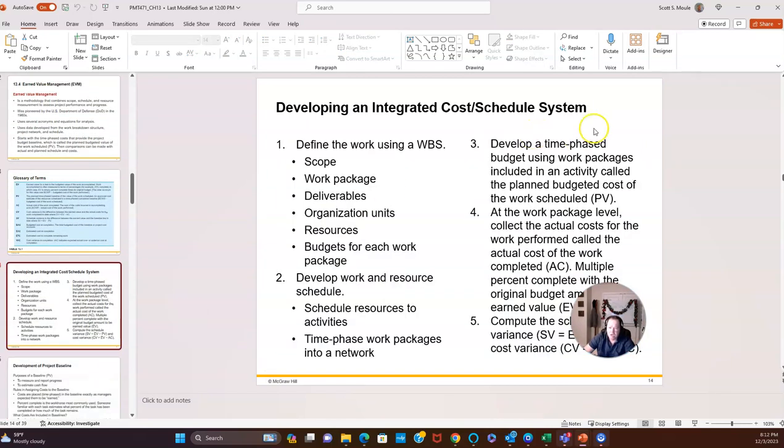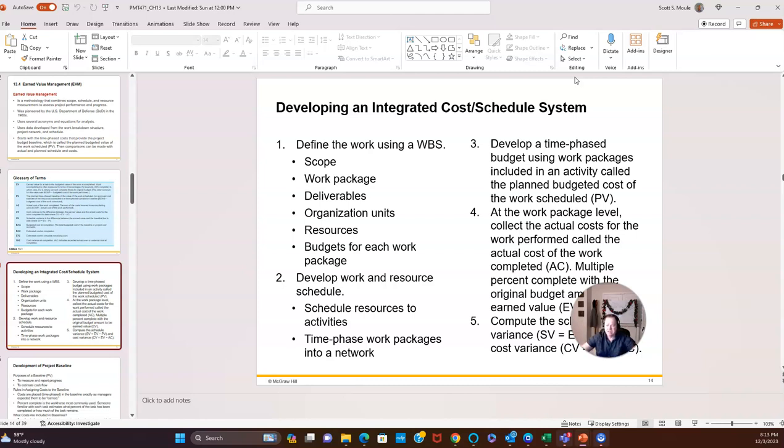Okay, so when we talk about developing an integrated cost schedule system, all that means is you've defined your work breakdown structure, you know what the scope is, you know what the deliverables are, you know what your resources are, you know the cost for each of those activities.